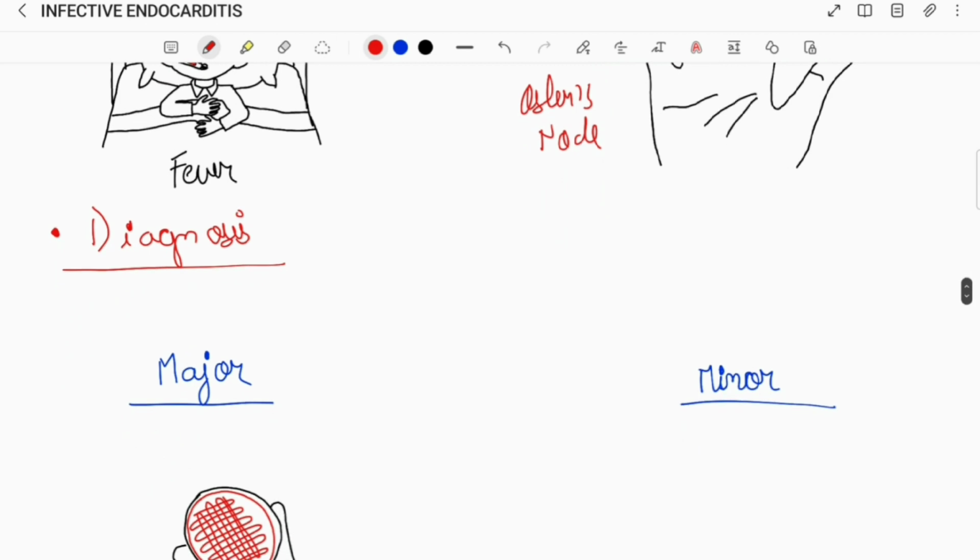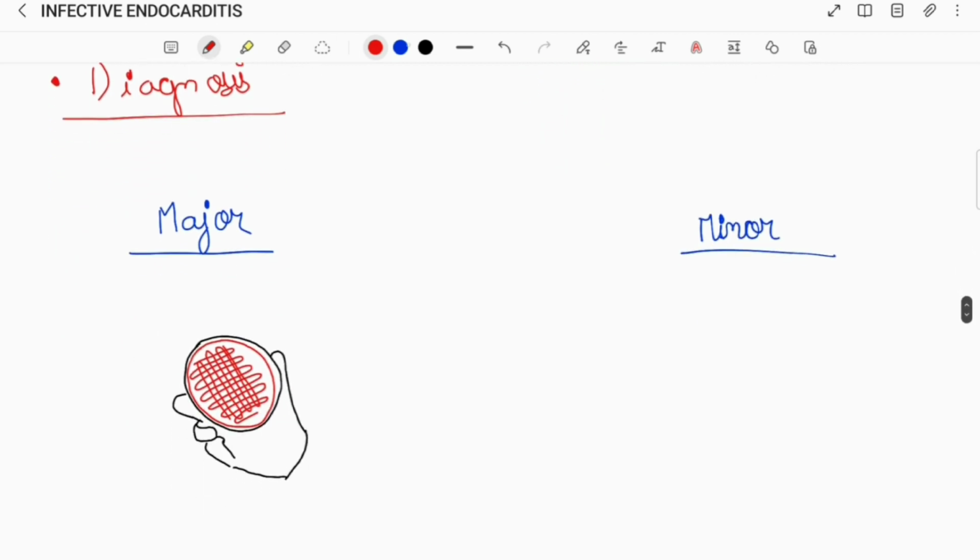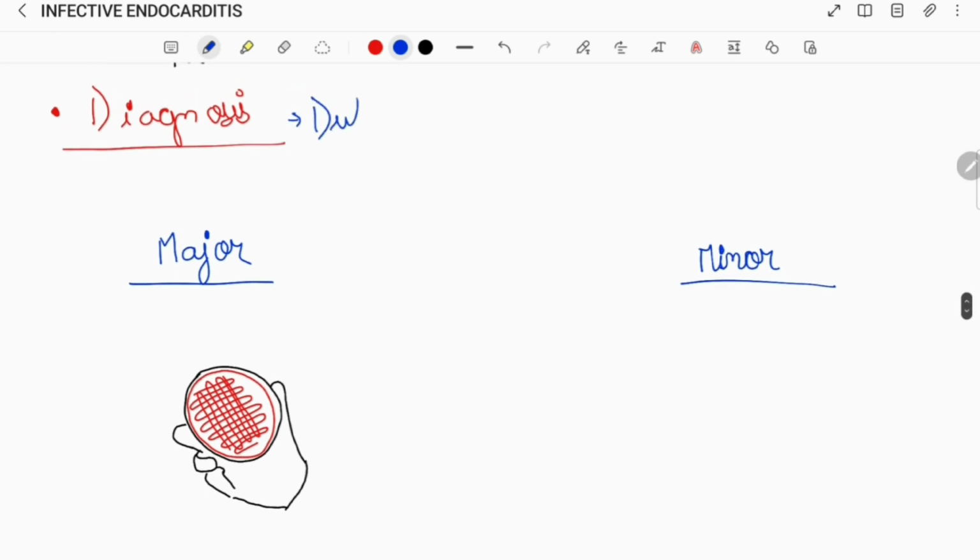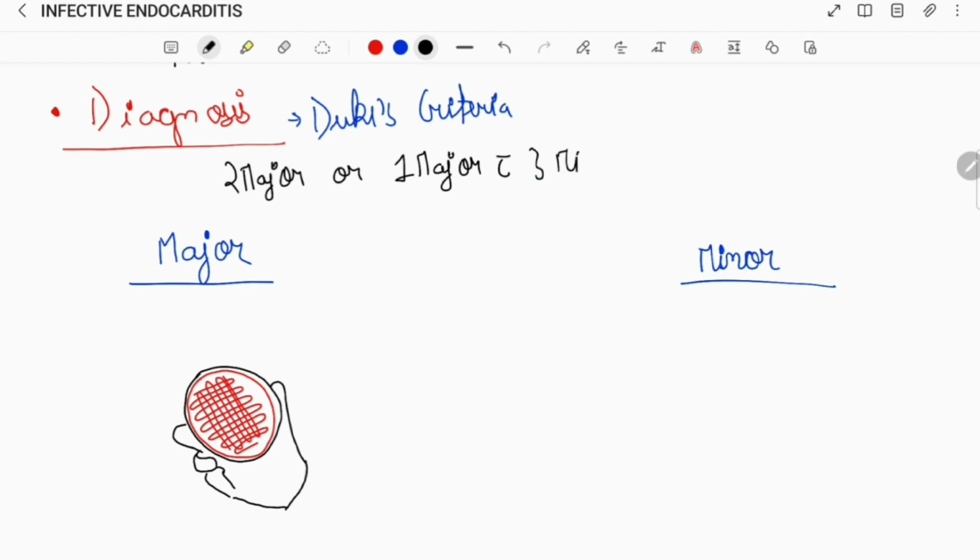For establishing the diagnosis of infective endocarditis, we have something known as the Duke's or say modified Duke's criteria, which says that there should either be two major criteria, or one major criterion with three minor criteria, or five minor criteria.